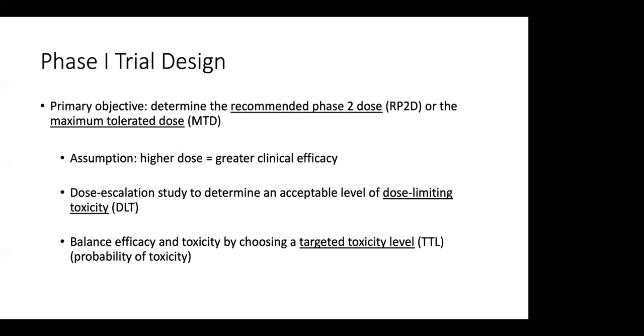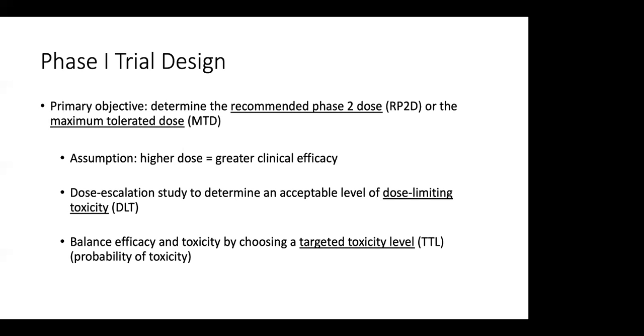The basic assumption, this is true for all Phase 1 trial designs if they involve dose escalation and de-escalation procedures, is that a higher dose means greater clinical efficacy. So that's why we want to do the Phase 1 trial design. We want to do the escalation stage to find the best tolerated dose level.